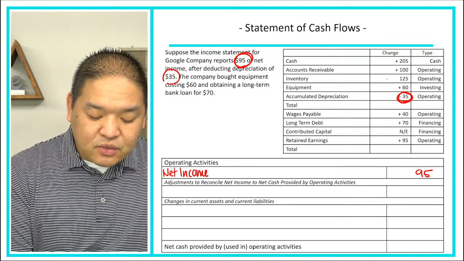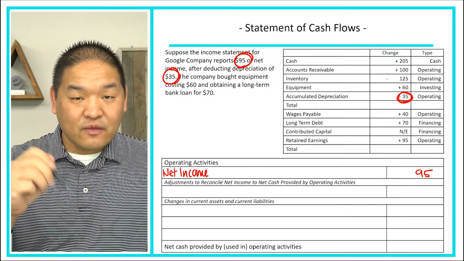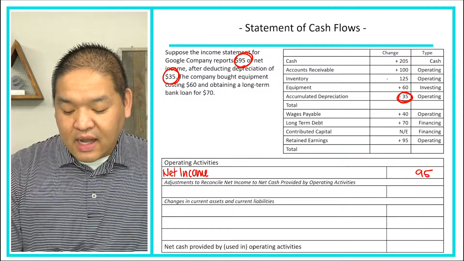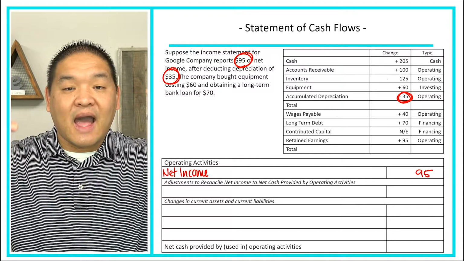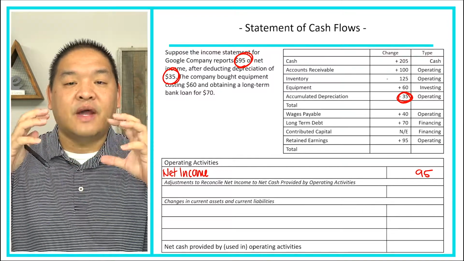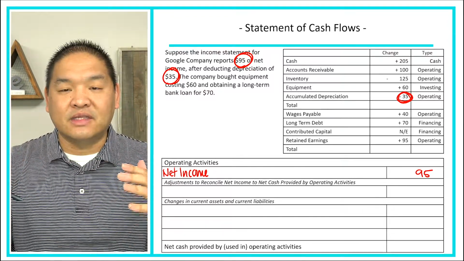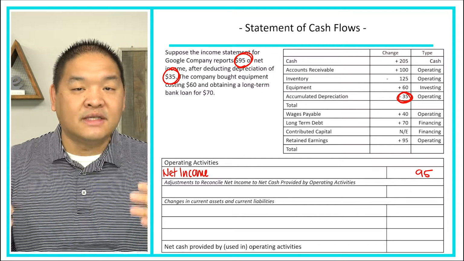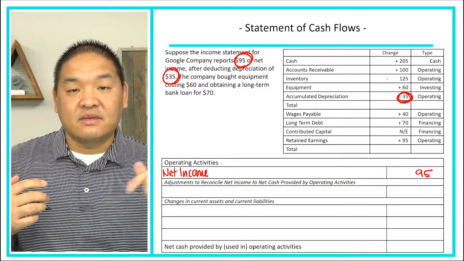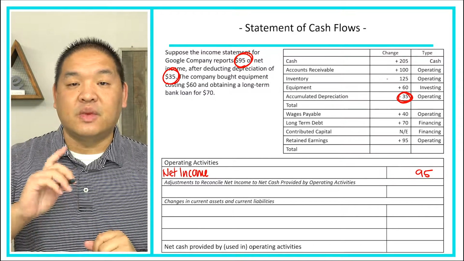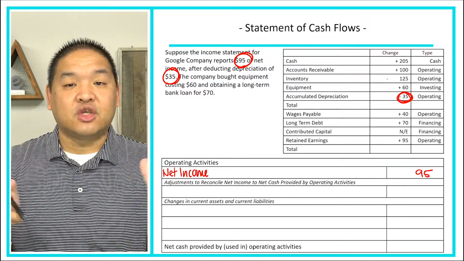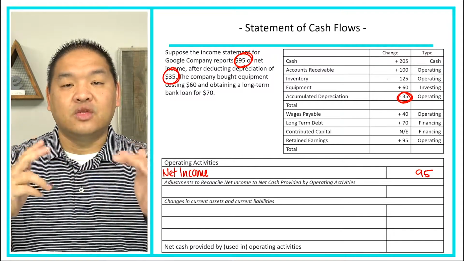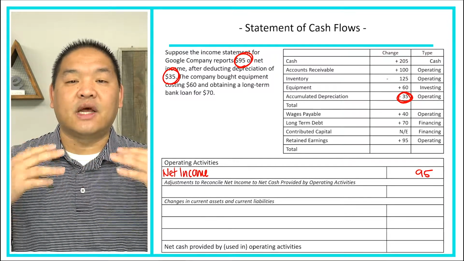Now, this would probably be a better place for it than using the accumulated depreciation on the balance sheet, because there could have been ins and outs, and those ins and outs might have net to 35, but you might not necessarily know what caused that. Did we sell some, so we got rid of accumulated depreciation? Did we do some depreciation expense, so now we have depreciation expense? So we don't necessarily care about the net ins.